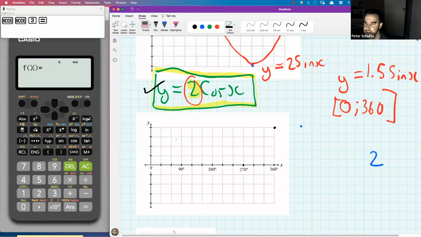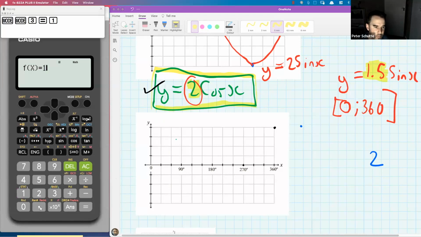But at the moment, the only thing that I've changed is this thing in front, and we call this the amplitude. It's an amplitude change. It's stretching the graph vertically. And so you don't need to worry about that at this stage, but I will show you other types of transformations later.